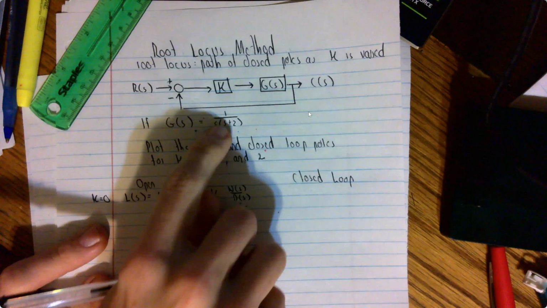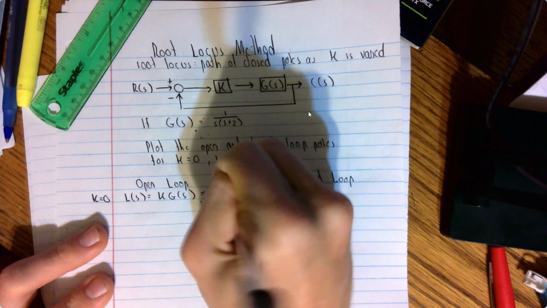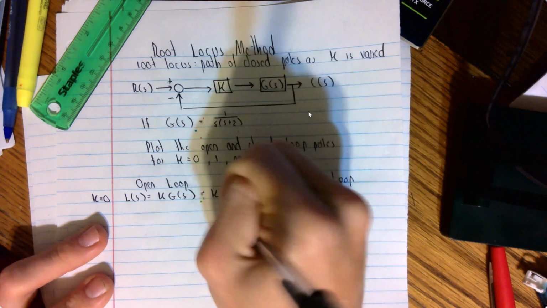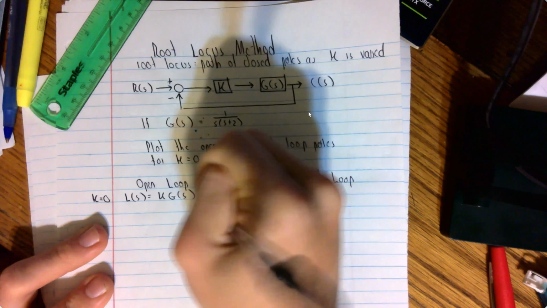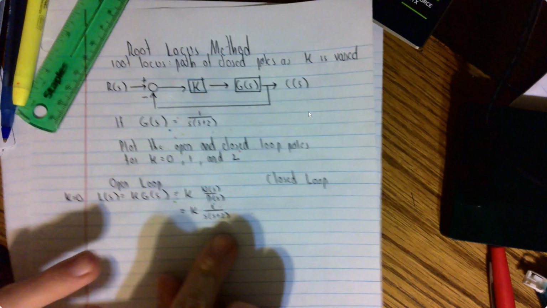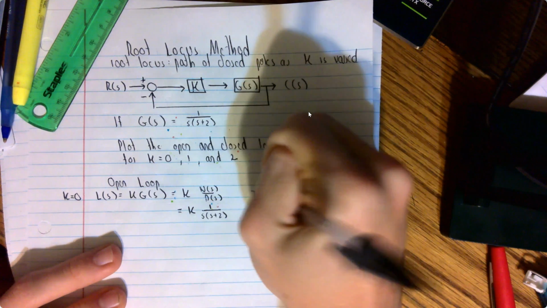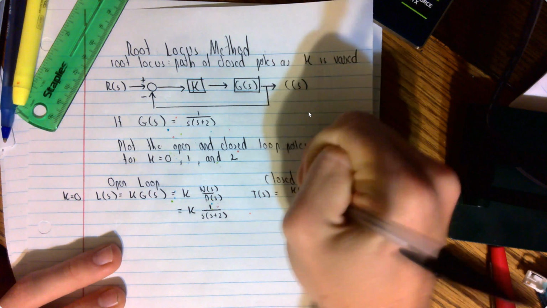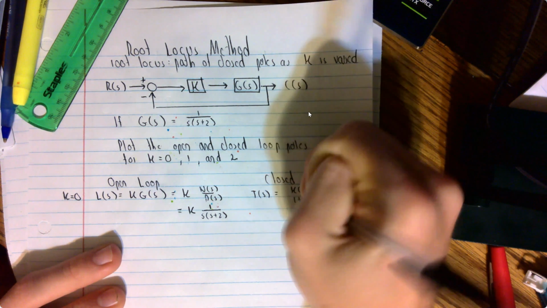And so this would be 1 all over S times S plus 2, times your K. And then your closed loop system, just so you know, is T of S is equal to K G of S all over 1 plus K G of S.